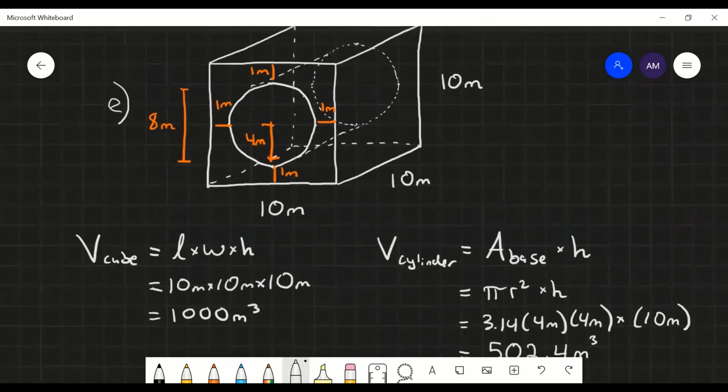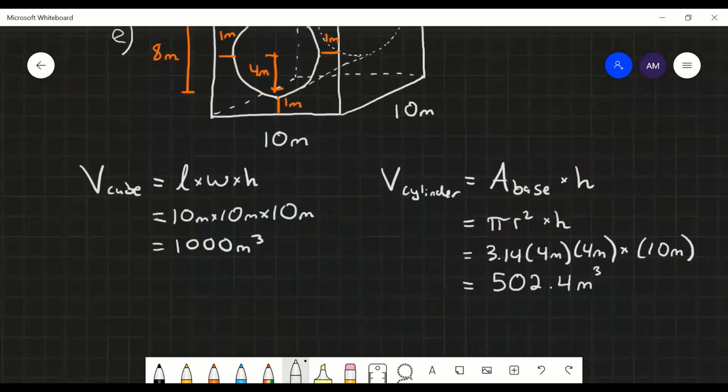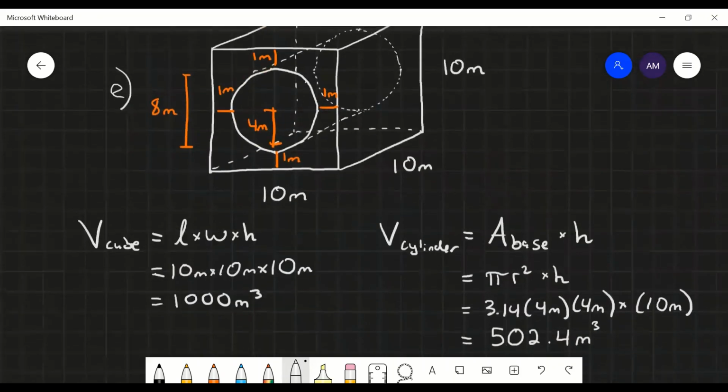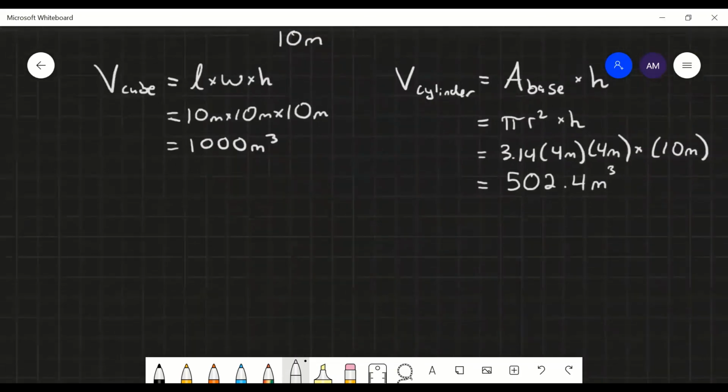But recall that we cut a hole in the middle of the cube, and that means we're removing 502.4 cubic meters from the shape. So if we wanted to get the total volume that's left in the remaining part of this cube that hasn't been removed, we have to do a subtraction.